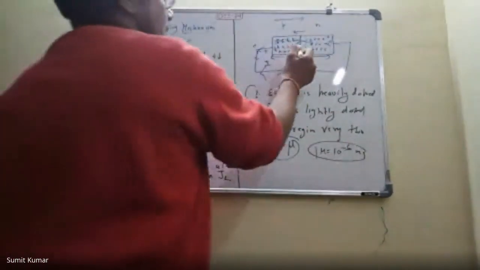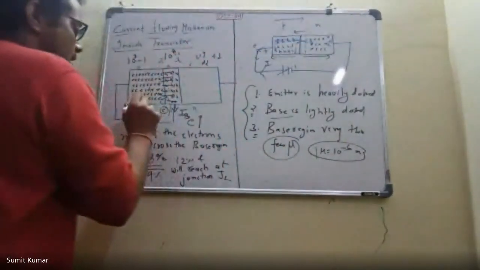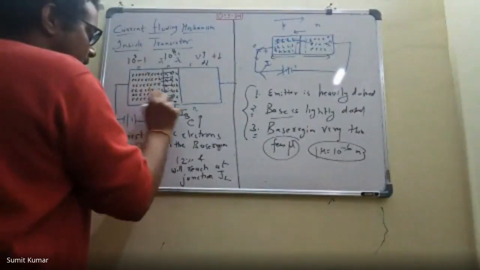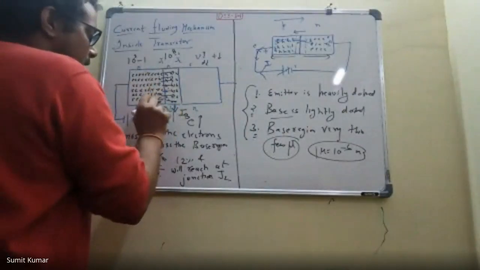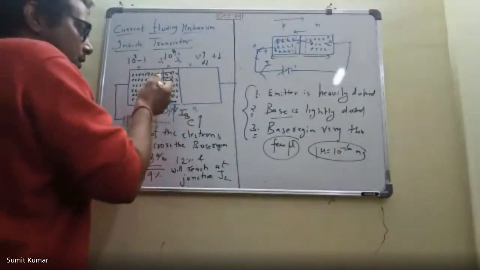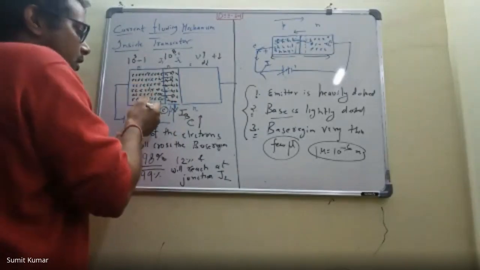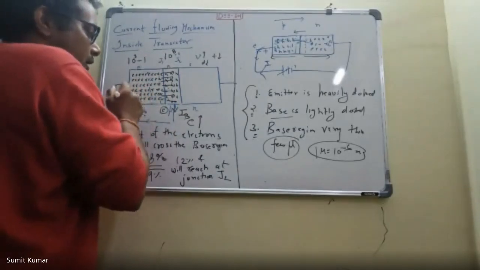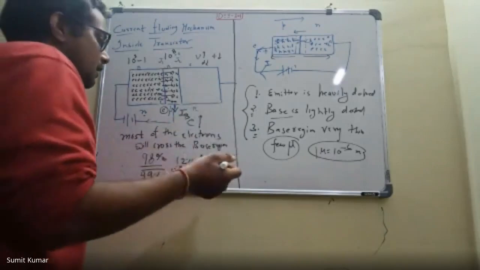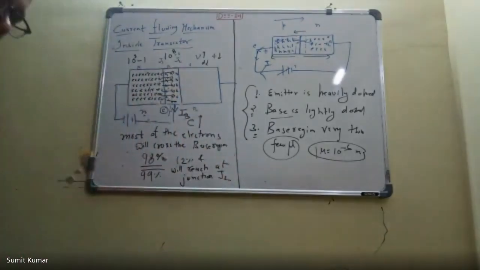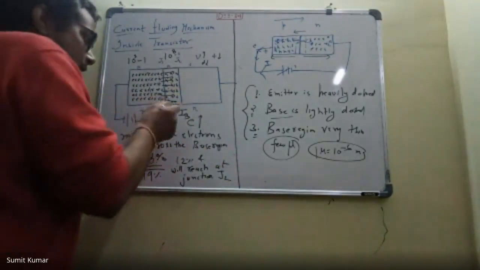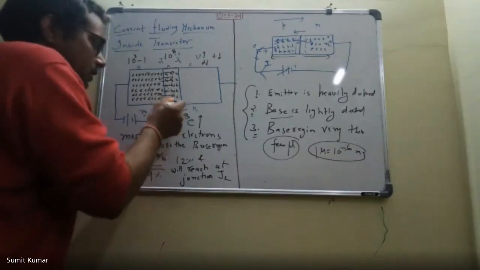So if this region is very thin, then electrons will cross very quickly, and because it is lightly doped, the recombination probability is very less. But practically there will definitely be some recombination, and this recombination will create the base current.